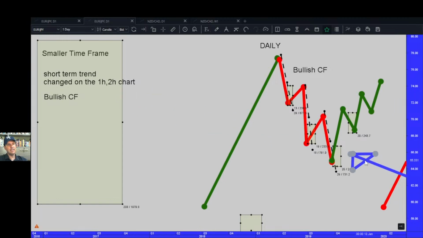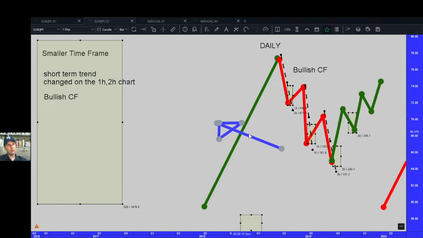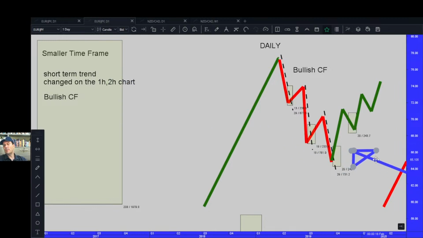You are trading the daily chart. Fair enough, Shola? And if you trade the 1 hour, 2 hour chart, then you are not listening to me, Shola, and everybody else. Thank you, Shola, for being honest. You are not listening to me. Why not? Because we learned about the trading time frame and the confirmation time frame.